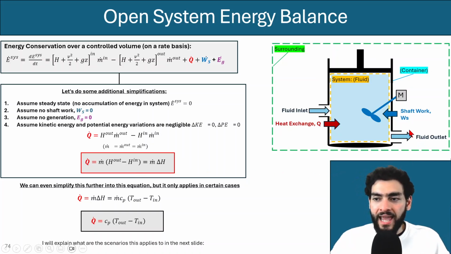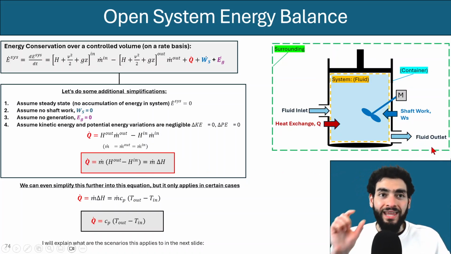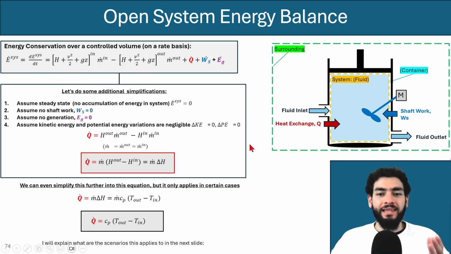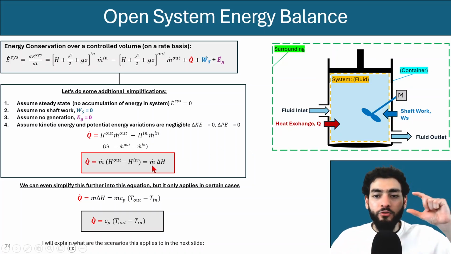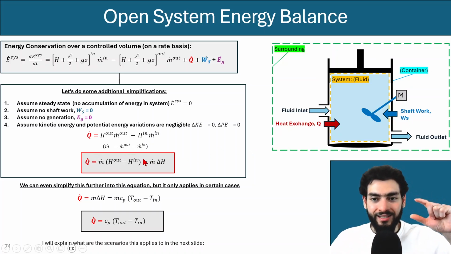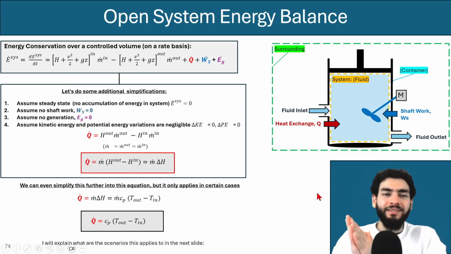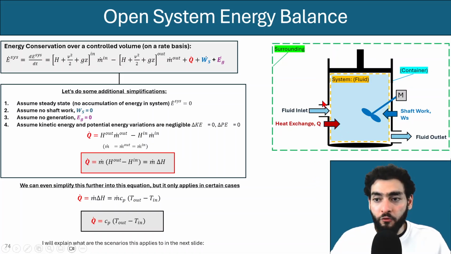Similarly, if the enthalpy leaving the system is less than the enthalpy coming into the system, then that just means one thing: that there is an amount of heat, which you can calculate using this equation, that must have left the system before the fluid leaves the system. And that is what you would calculate here as the Q dot.